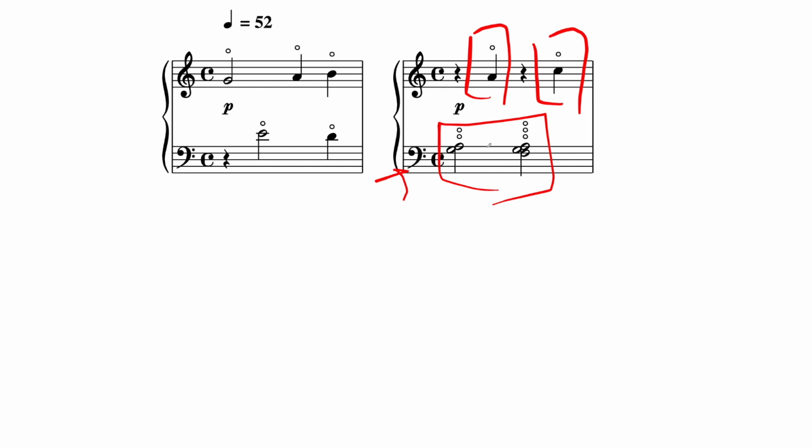Either all of them should be flat, or all of them sharp, or all of them natural. And they should lie within the range of a fifth. For example, these harmonics can be played, and the sound will be one octave higher.